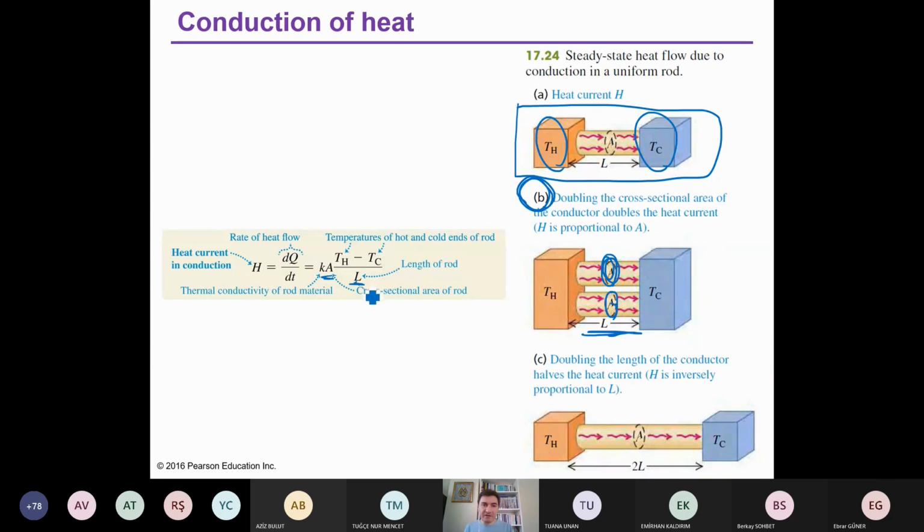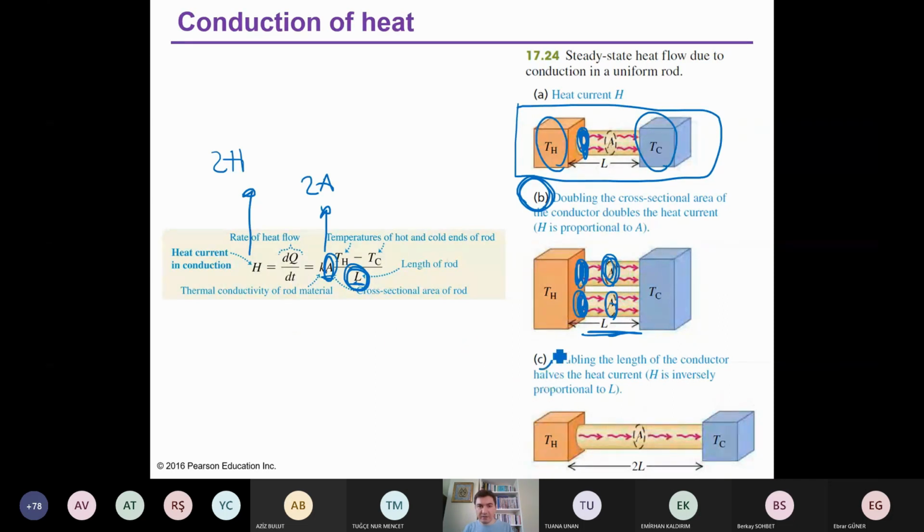Length is the same. Look at the equation here. Length is the same, but what about the area? Area is increased. I have one area here, another area here. In this case, we have just a single area here. Since this area is doubled, the heat current in conduction will also be doubled if you keep everything constant here in the equation.